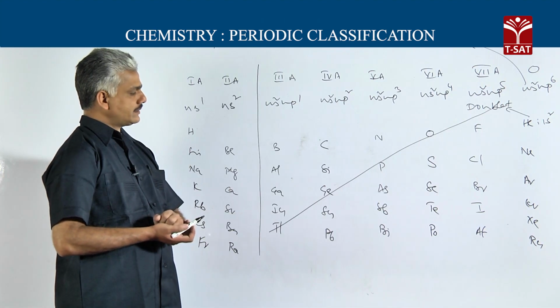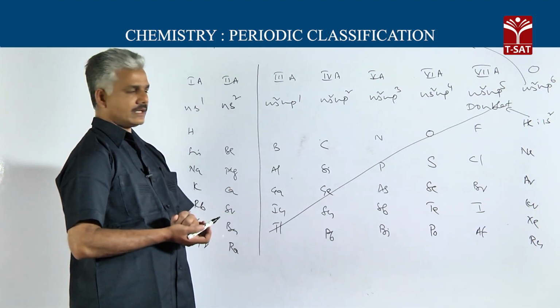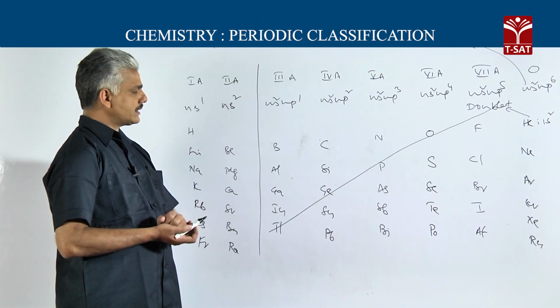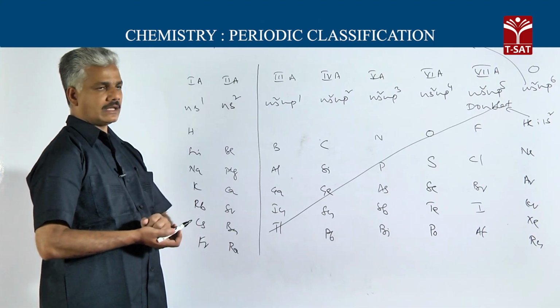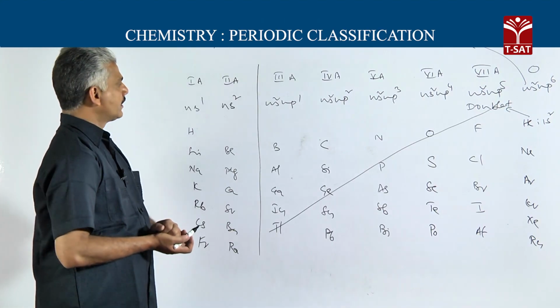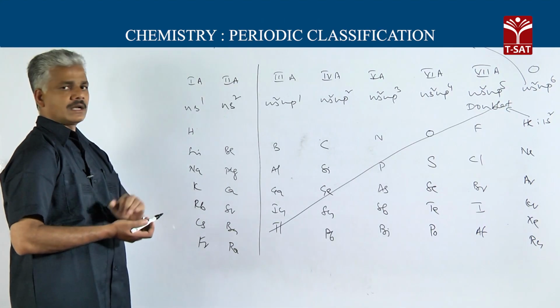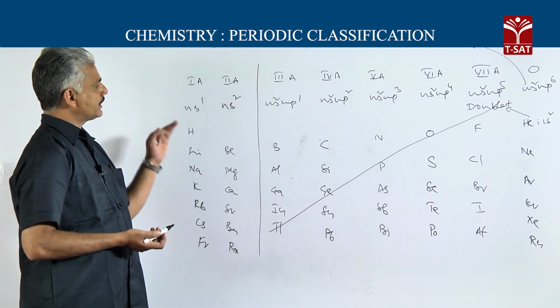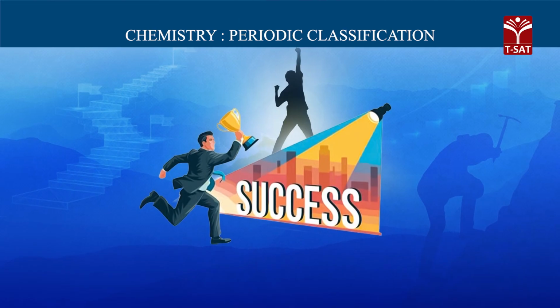The elements present below the diagonal are generally metals and the elements present along the diagonal are considered semi-metals. So, that is the classification of elements into groups, that too A type of groups.